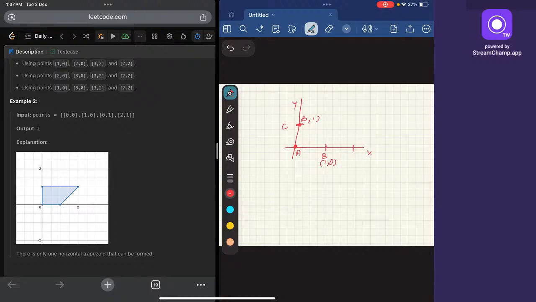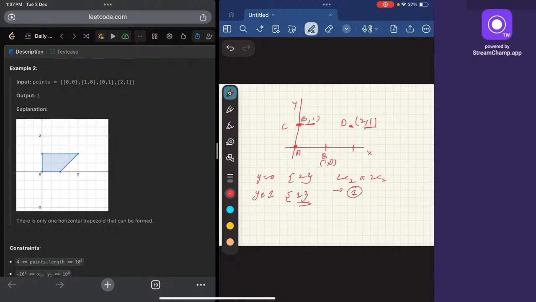And we have another point at the same y, different x, that will be (2,1), D. So for y equal to 0, we have 2 points, and for y equal to 1, we have 2 points. So 2 choose 2 times 2 choose 2 gives only 1. Only one trapezoid is possible.